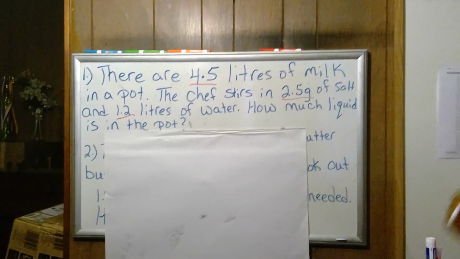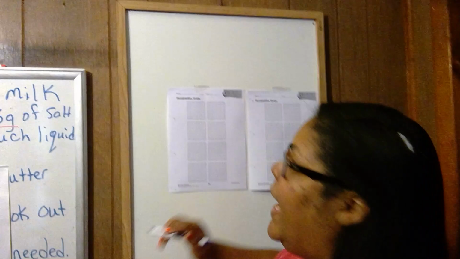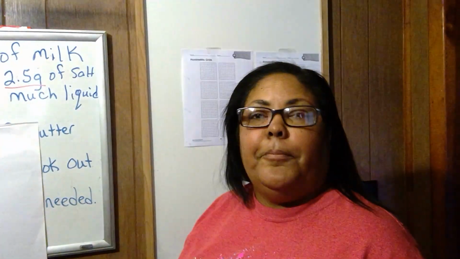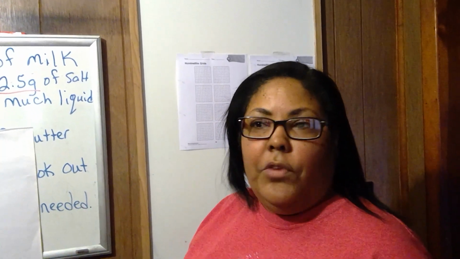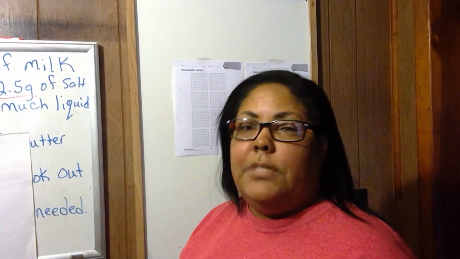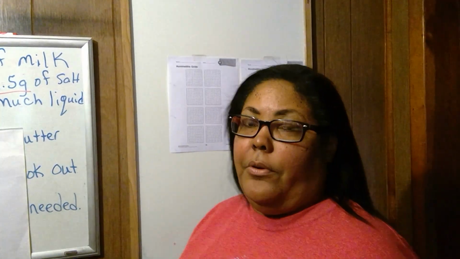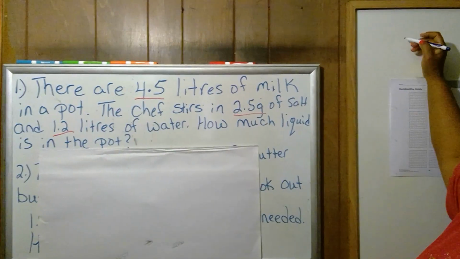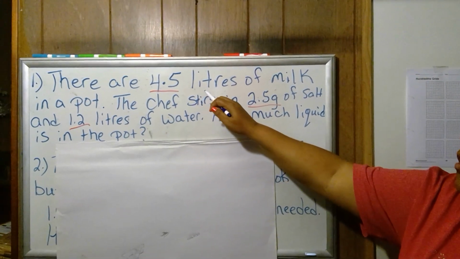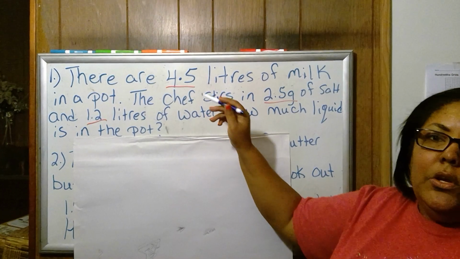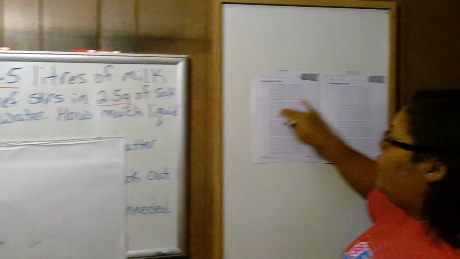Okay, let me get a marker. First we're going to do 4.5. We know that anything in front of the decimal is considered what? Yes, a whole number. And anything behind the decimal is considered what? Yes, again, a partial number. So in 4.5, the 4 is our whole number, the 5 is our partial number. So 4 tells me I need 4 whole grids.